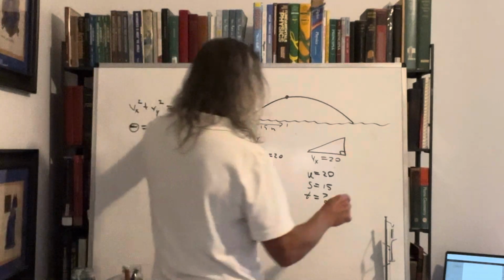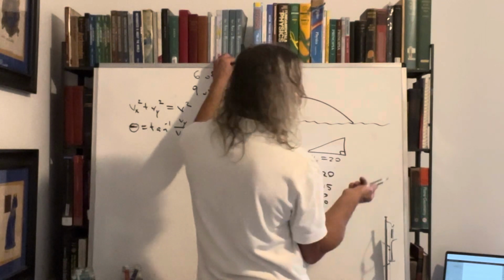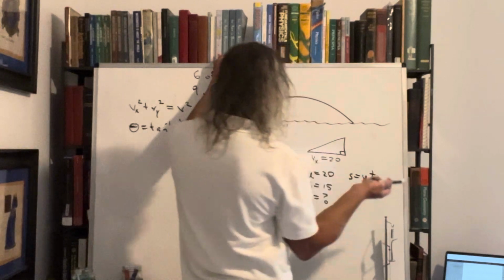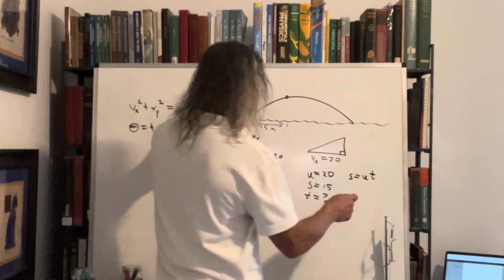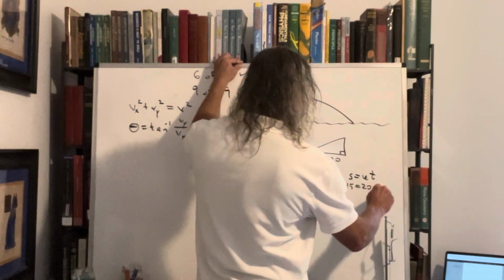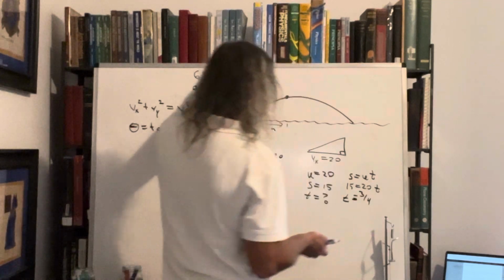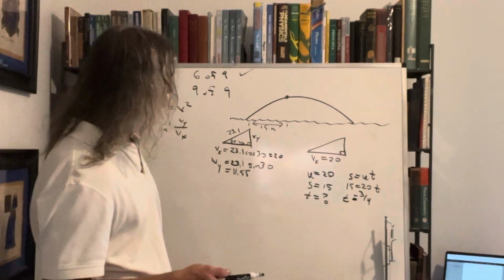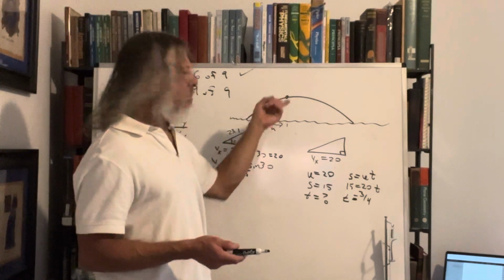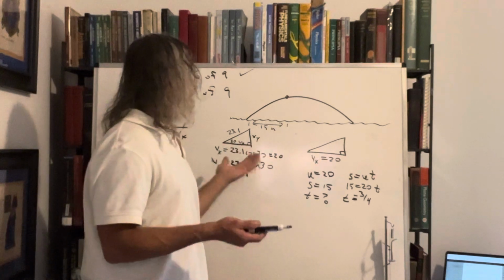Well, yeah, there's a simple equation with only 3 letters, S equals UT. So 15 equals 20t, t is 3/4 of a second. So it takes 3/4 of a second to get to there, because horizontally it rules.